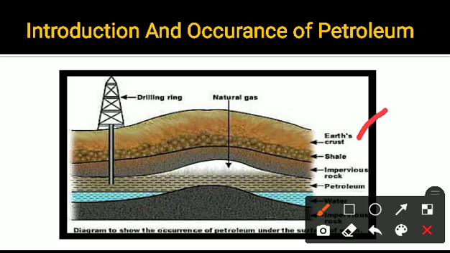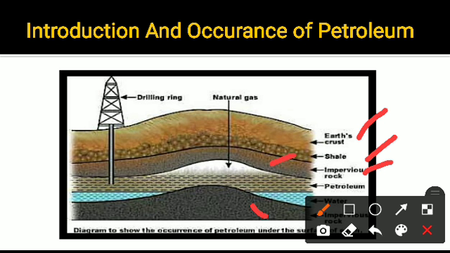Below that there is shale. Below that there is impervious rock, and between two impervious rocks, petroleum is present. The petroleum is found normally at a great depth underground, also below the seabed. That means petroleum is present in the earth crust and also below the sea.